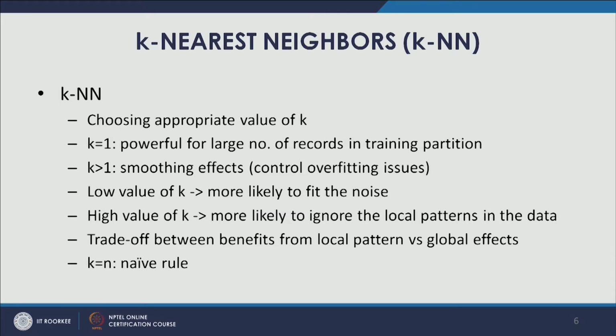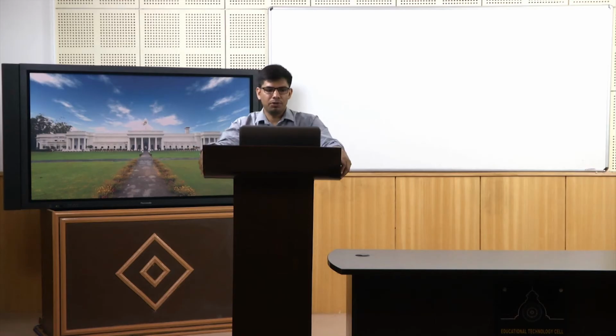And because K is 1, we are essentially dealing with just one neighbor. Once we identify the closest neighbor, the class of that neighbor itself is going to be the predicted class of the new observation.